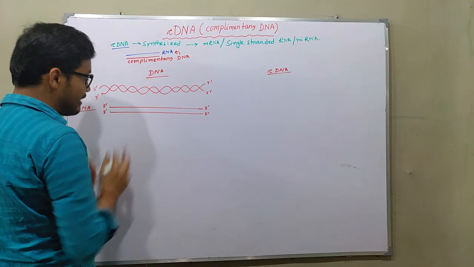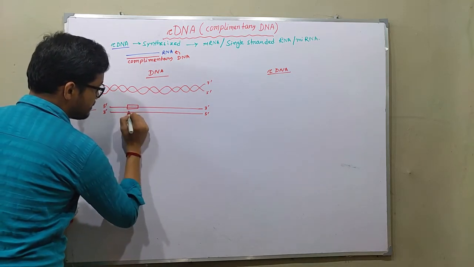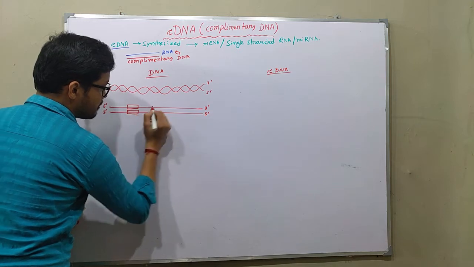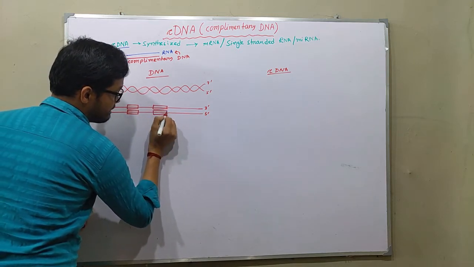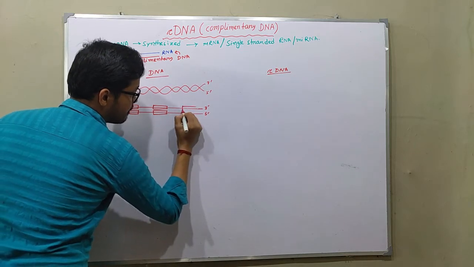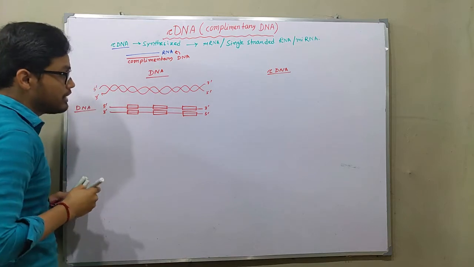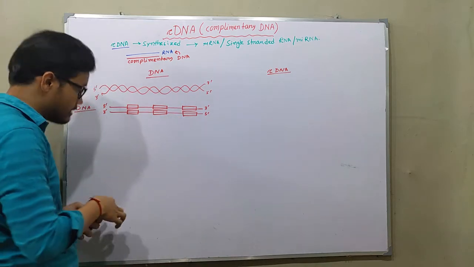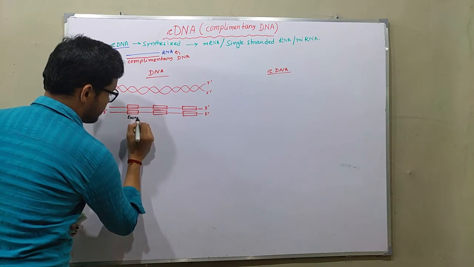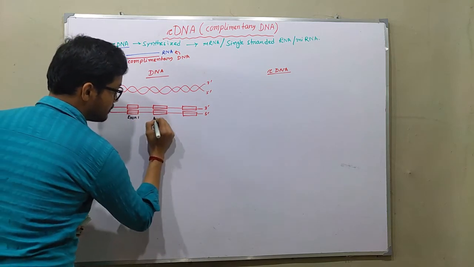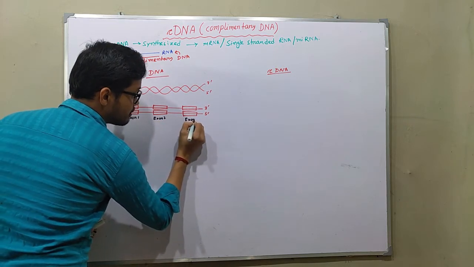This normal DNA has several segments known as exons. This is exon 1, this is exon 2, and this is exon 3.